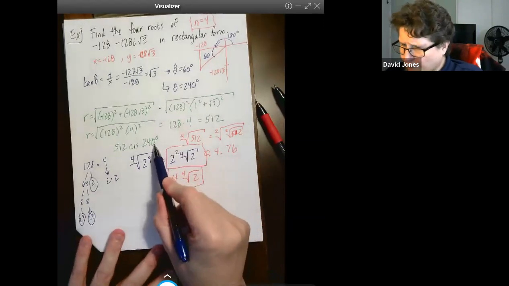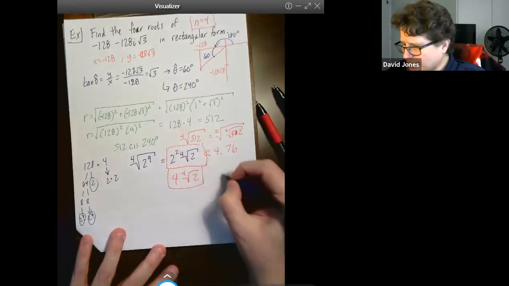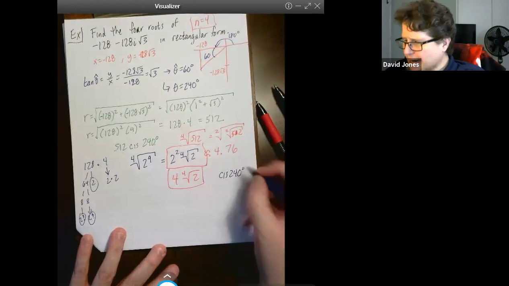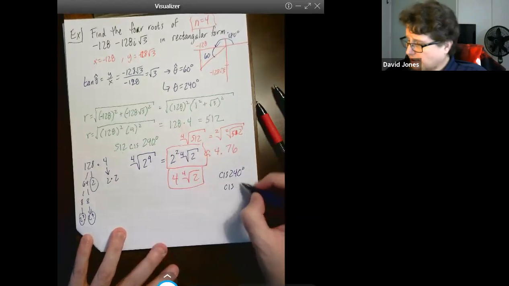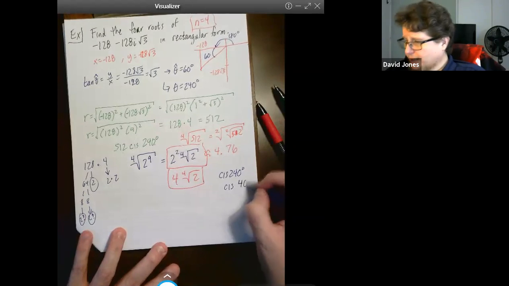I've got 240 degrees. The cis 240 needs to match up with cis of 4 theta.